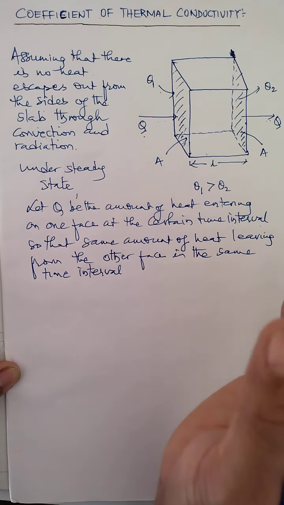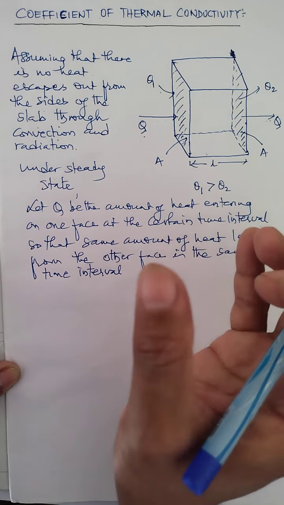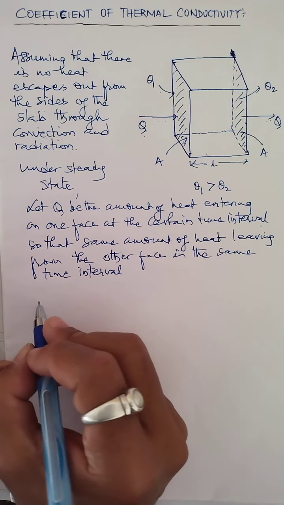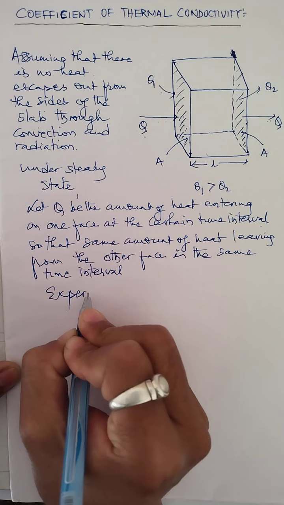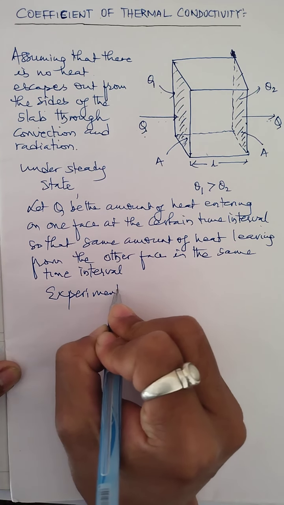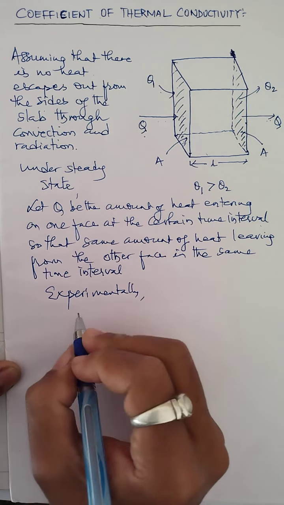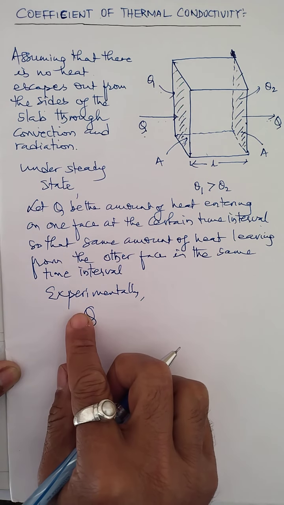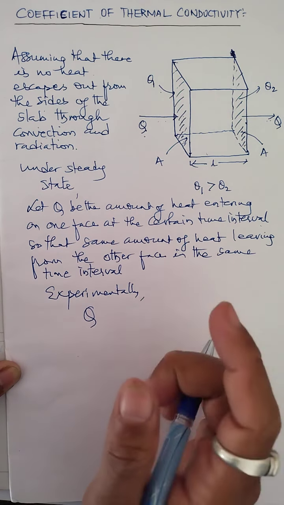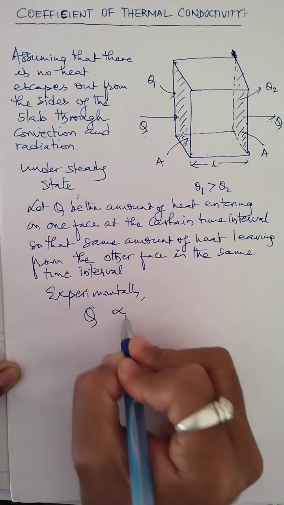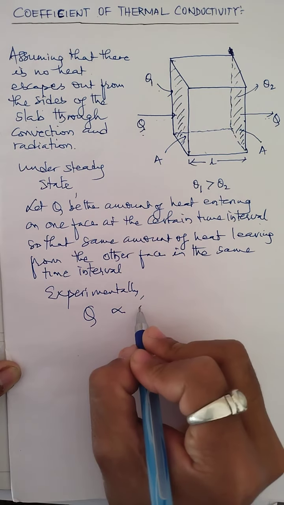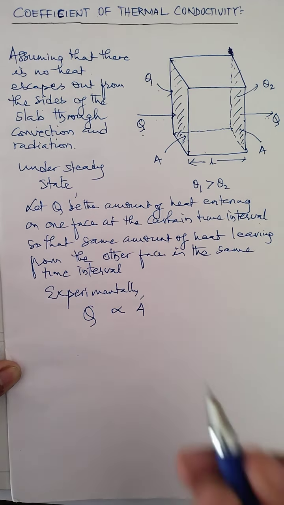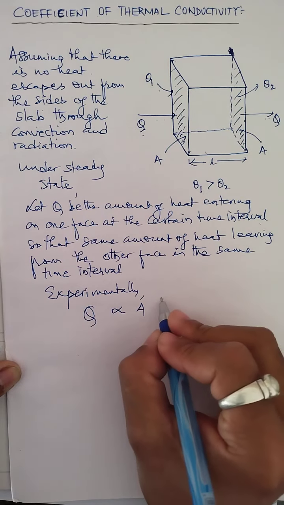And when we see this particular part experimentally, it is observed that the amount of heat, that is Q, entering and leaving at a certain time interval, is directly proportional to the cross-section area of each phase. And you know what is the cross-section area of each phase?